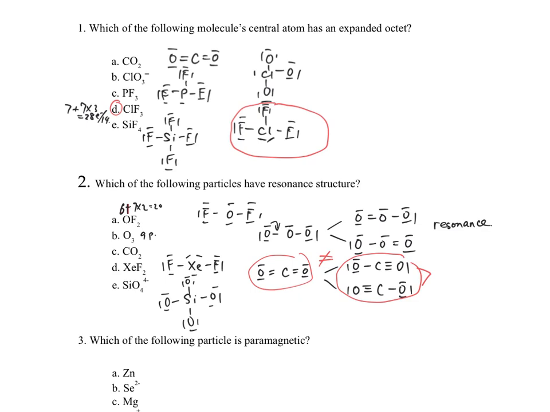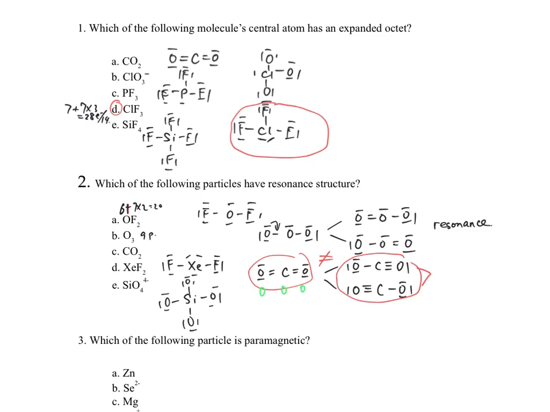As a matter of fact, if you calculate formal charge on each of the 3 atoms for this structure, you're going to get 0, 0, 0. For oxygen it is 6 minus 1/2 times 4, minus 4, and for carbon it's 4 minus 1/2 times 8.